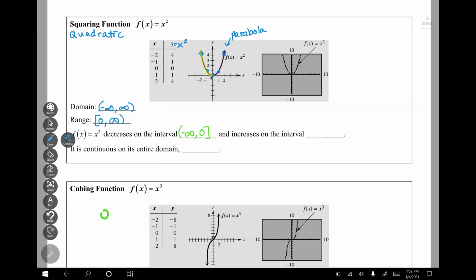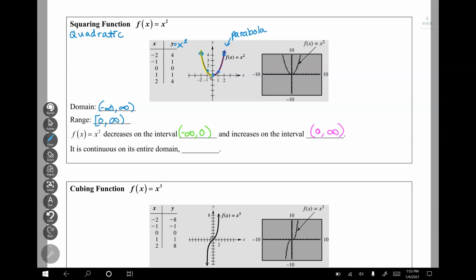It's increasing here, and that is from 0 to infinity. Sorry, I should have put parentheses on those zeros, because at the point 0 it is neither increasing nor decreasing. The slope at that point is actually 0, which is something you will learn in calculus.